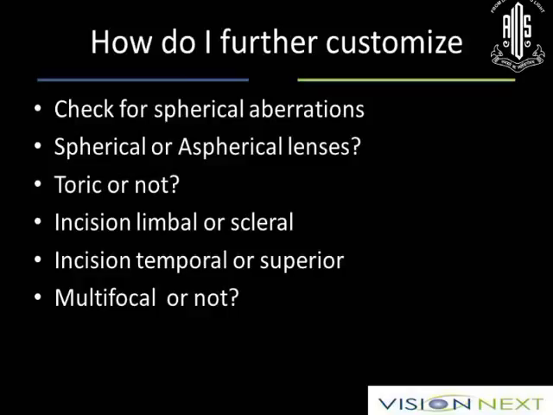We have to check for spherical aberrations for all patients. Now which lens to put, spherical or aspheric lens? Whether we should have done a toric lens in a post-RK patient. What incision should I take? Should I take a limbal incision or should I take a scleral incision? That's important. Should I go for a multifocal or should I not go for a multifocal? Well, all those questions will be answered shortly.